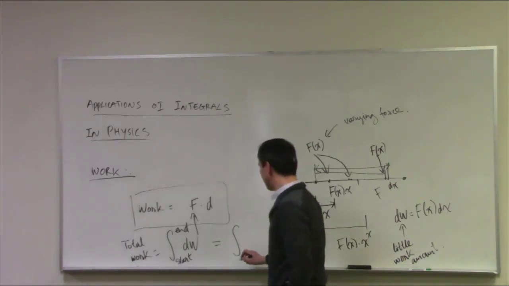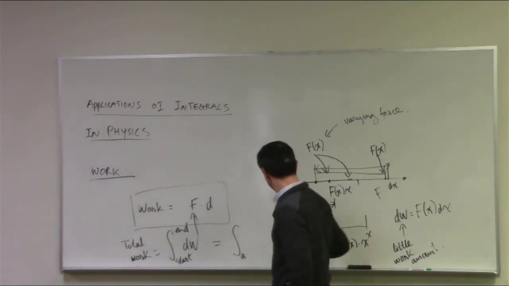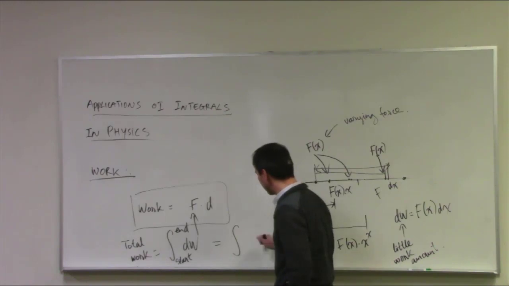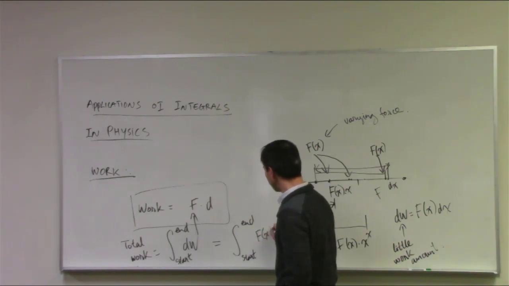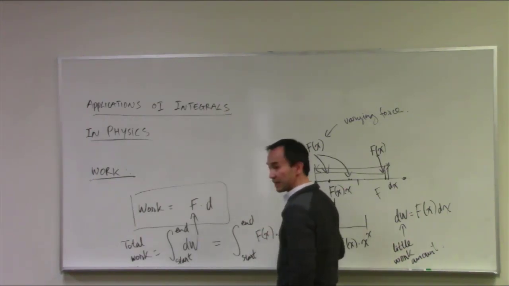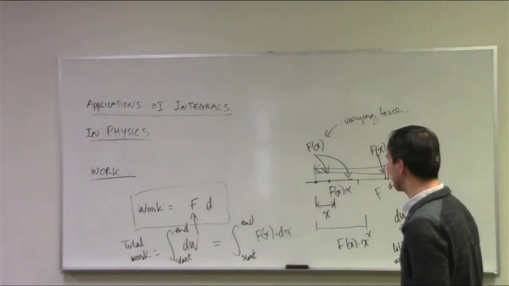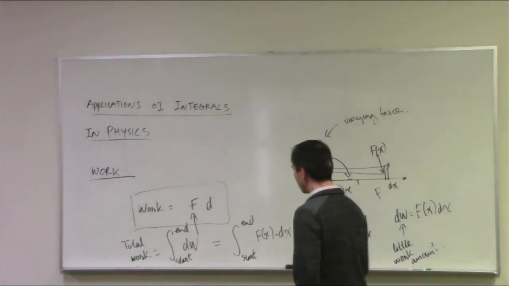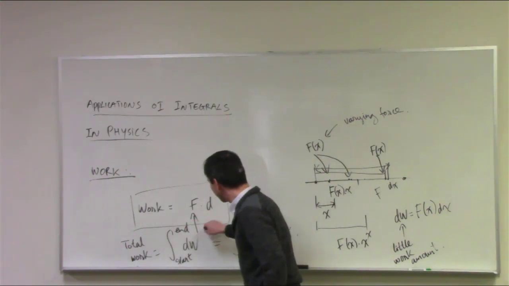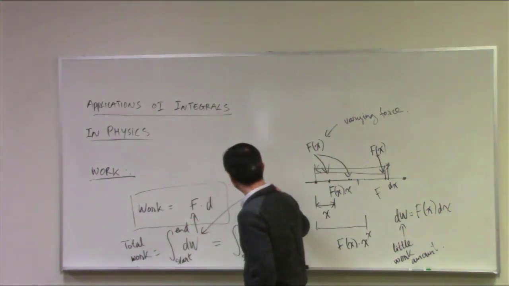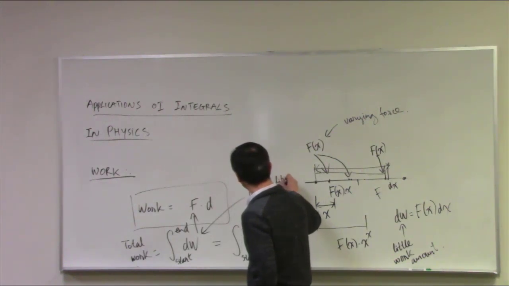Same tradition: we're accumulating all of the little work amounts from start to end, and all of those are f(x) times dx. That's the fundamental accumulation of all the little work.